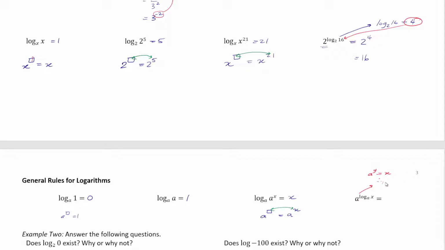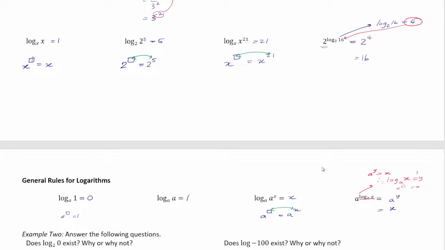Therefore, the logarithm of x base a, again, a to what power produces x? Well, we already defined that as y. So the logarithm of x base a equals y. So we would just write this as a to the y. But we've already said that a to the y equals x. So that right there equals x.